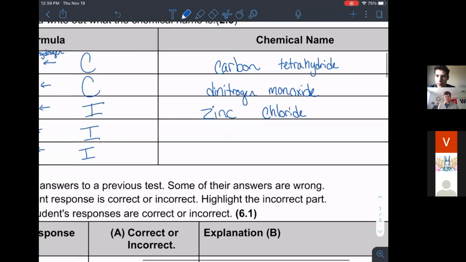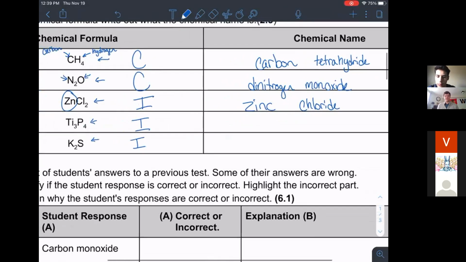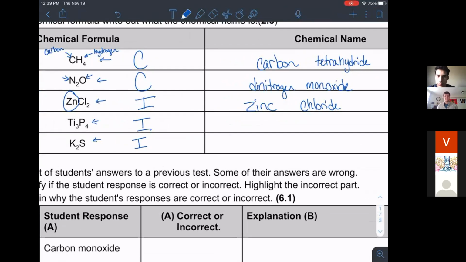Perfect. All right, the next one. What is that metal's name? Titanium. Check your transition metals. And if it's a transition metal, check for Roman numerals and let me know. Does this titanium need Roman numerals?